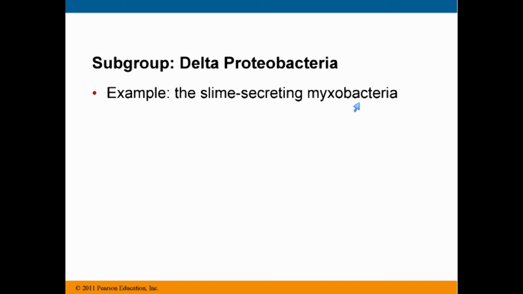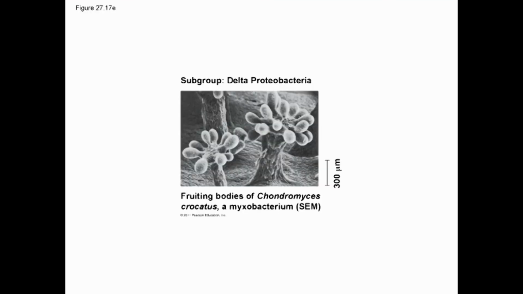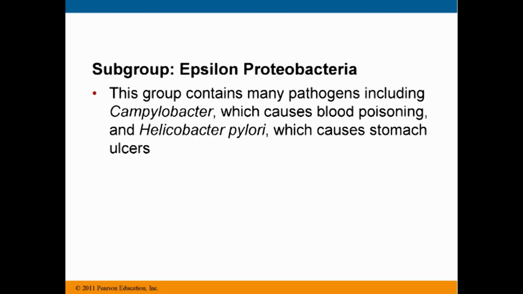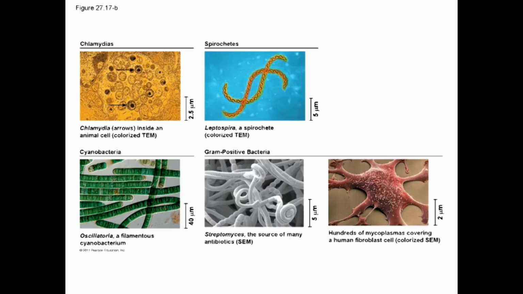Delta is the myxobacteria. So myxos referring to mold-like or fungus-like. And epsilon contains the Campylobacter, which can cause blood poisoning, and the Helicobacter, which is the ulcers for the stomach. Okay, here's examples of the other groups.